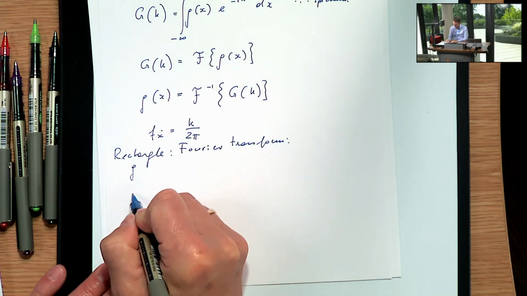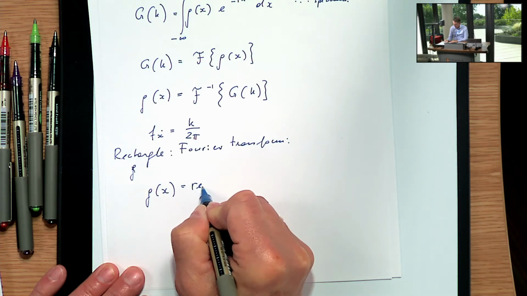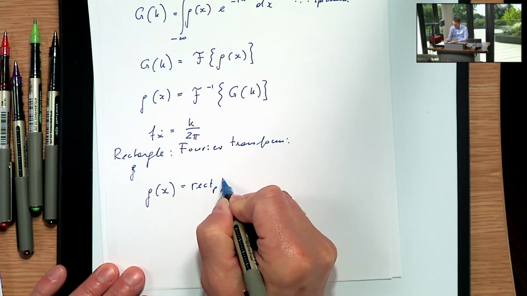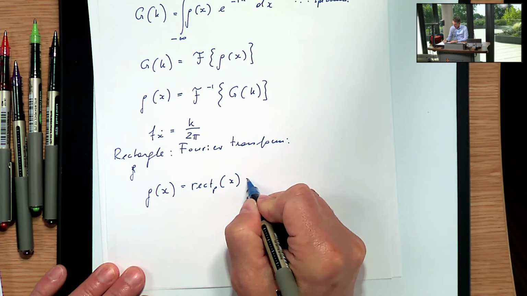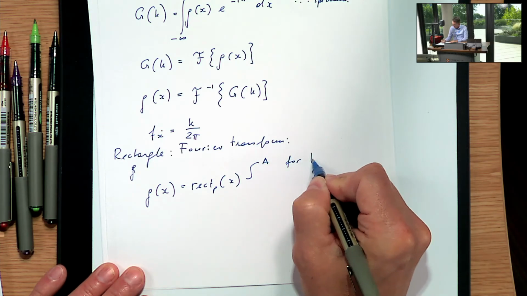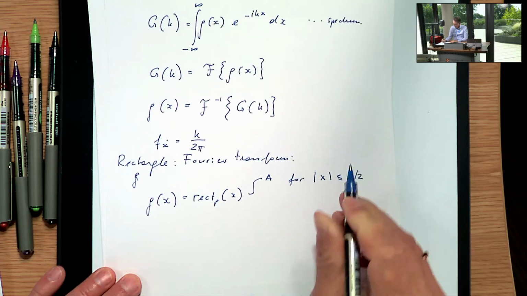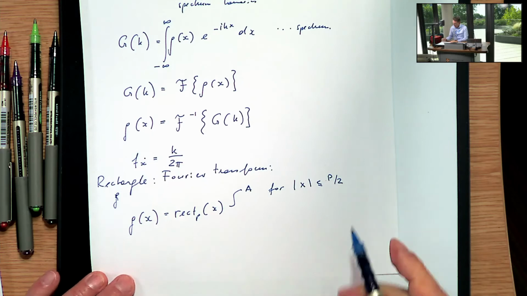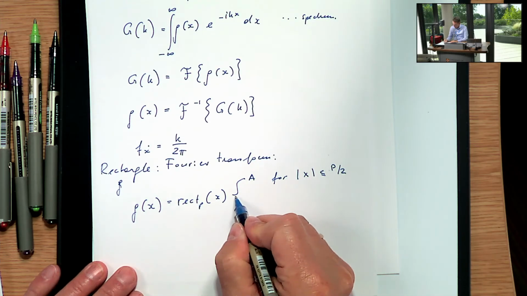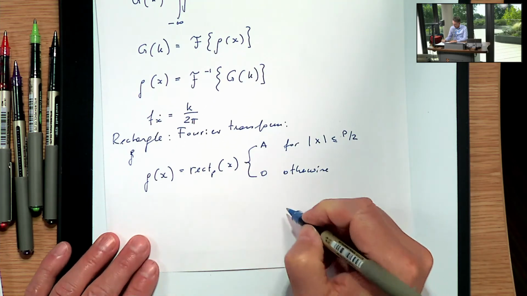If I have g of x equals rect p of x, that is equal to a for x smaller or equal to p over 2, and it is equal to 0 otherwise. So this looks like this.